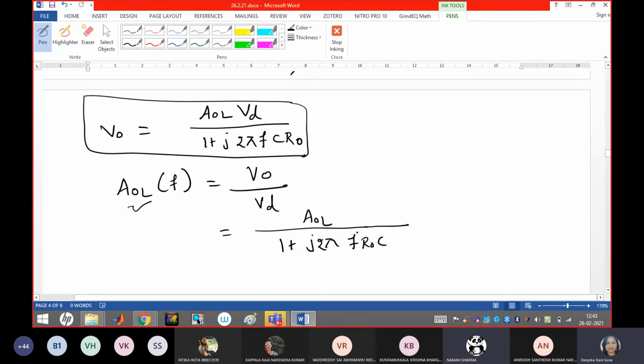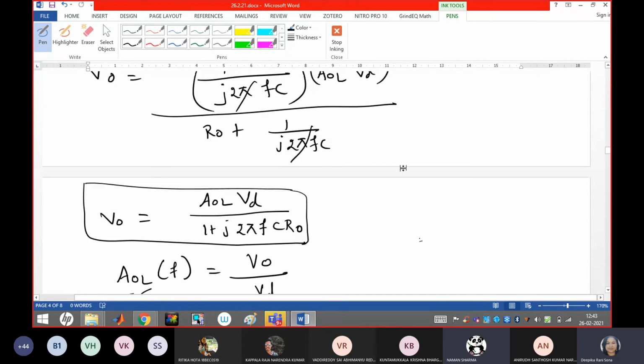Normally, what is the gain equation? V0 by V in, but now V in is VD, right? In terms of frequency part, you check your figure, okay?